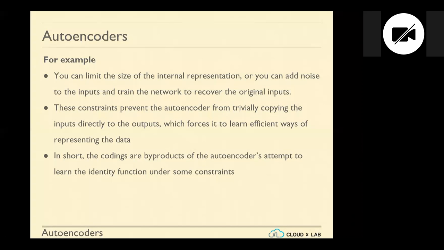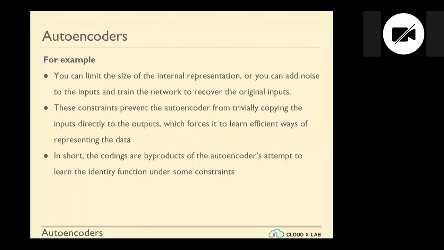But you can limit the size of the internal representation, or you can add a bit of noise to the input, and this way it makes it a little difficult to recover the original data. If you have a lesser number of neurons in the middle layer, or you have added more noise, then it becomes difficult for it to recover.